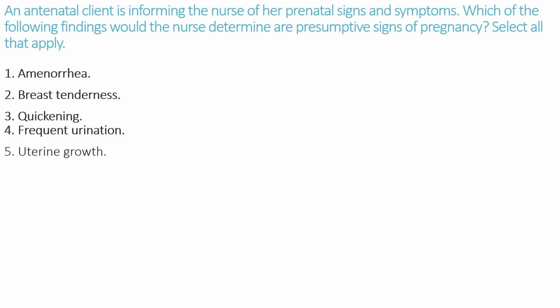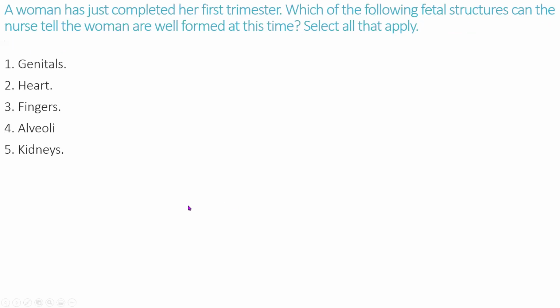Uterine growth is a probable sign of pregnancy, so that would not be the answer. Now that I'm thinking about it, quickening might actually be included there, because quickening is the mom feeling it herself. I'll definitely reach out to her. Don't want to get you all mixed up.